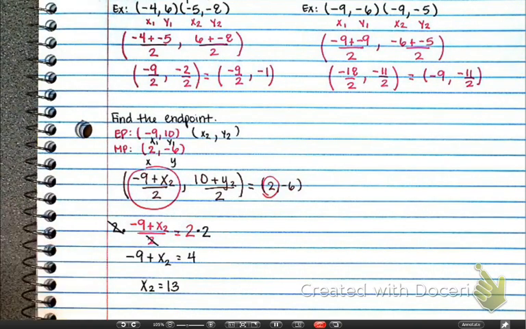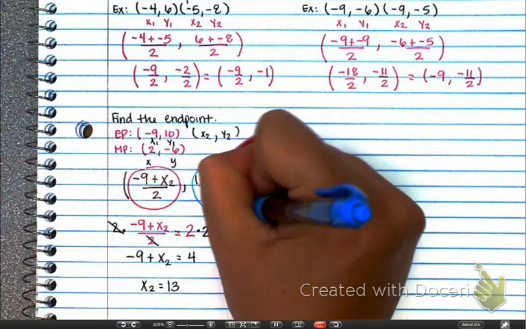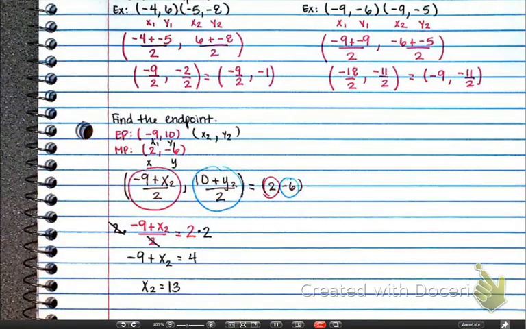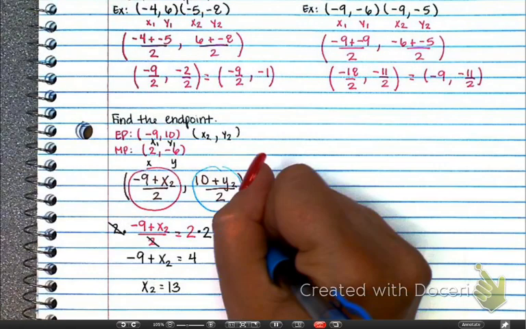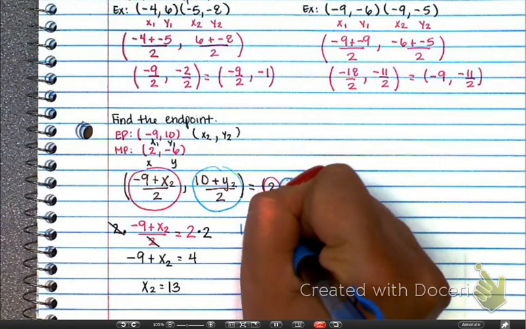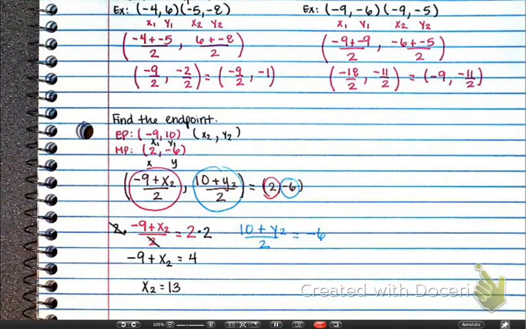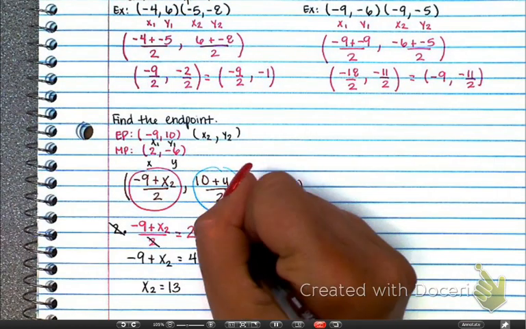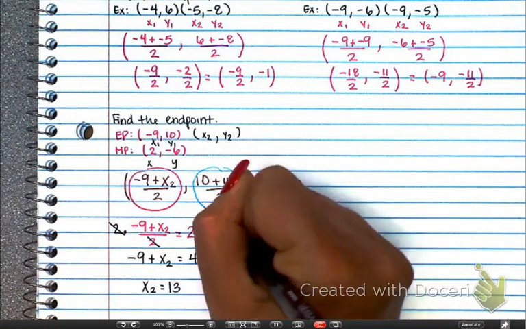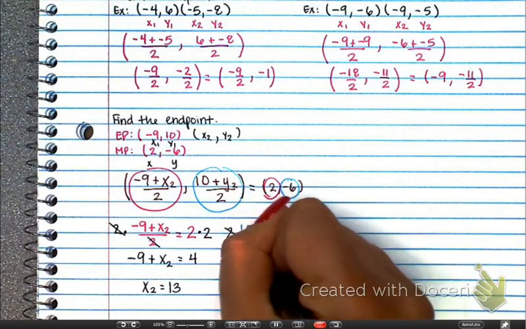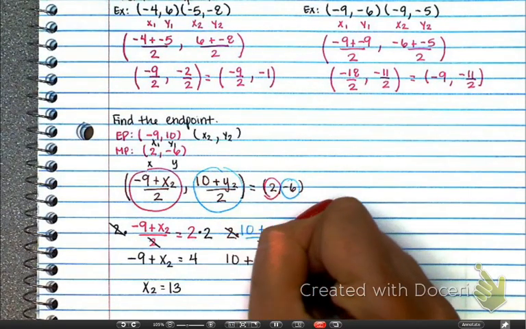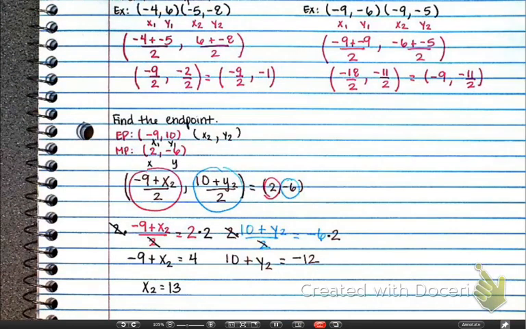I'm going to do the exact same thing for y, except I'm going to set the y coordinate equal to the y coordinate. So 10 plus y2 over 2 equals negative 6. Same process, so I still multiply both sides by 2, leaving me with 10 plus y2 equals negative 12.